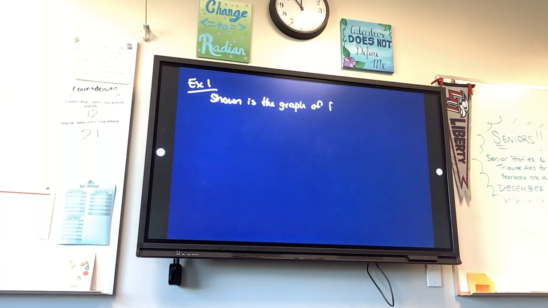So we're going to look at a graph of f. Indicate the points where f prime is positive.